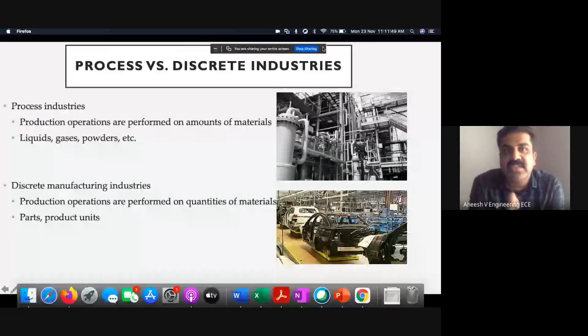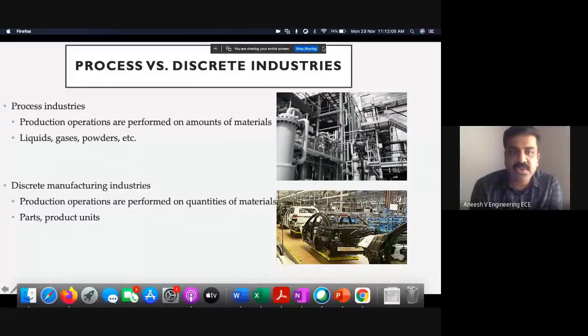Based on these two things, we can segregate industry as process versus discrete. That is, if the production operations are performed on amounts of material, we call it a process industry. And if the production operations are performed on quantities of material, we call it a discrete manufacturing industry.